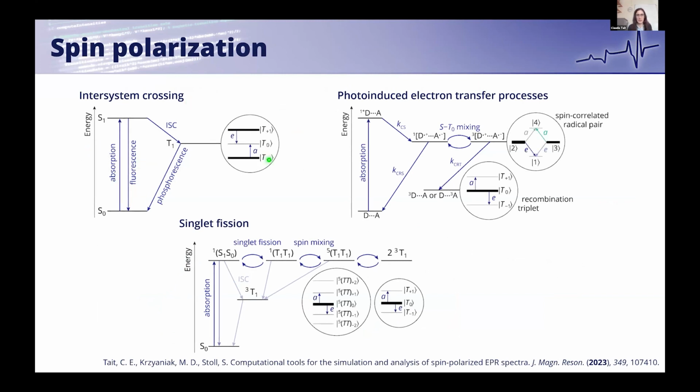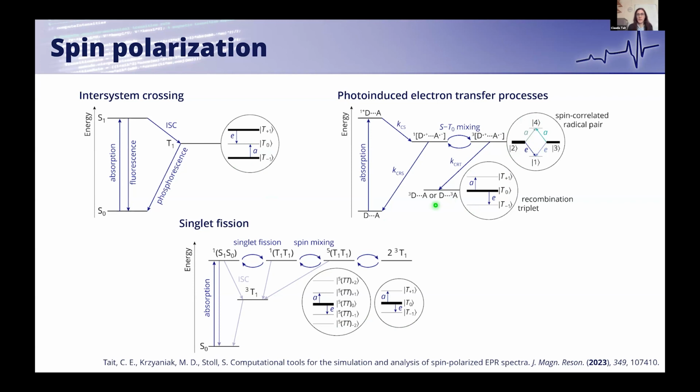For example, for intersystem crossing, you're selective with respect to zero-field levels, and that translates into population differences at high field that determine the appearance of your spectrum. And as we will hear later on in Matt's talk, you can also have different spin polarizations for photoinduced electron transfer processes and singlet fission.